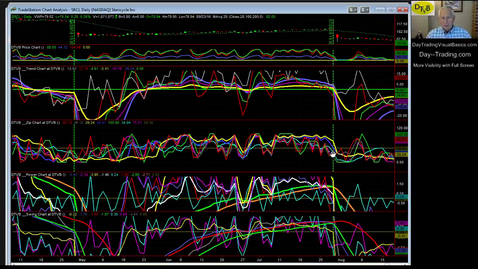The right leg is down 2 days to the point of this green line on the right.